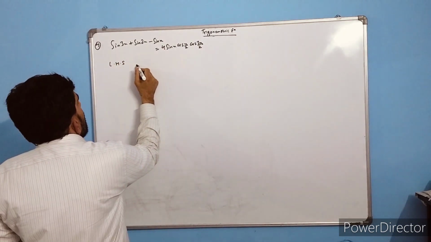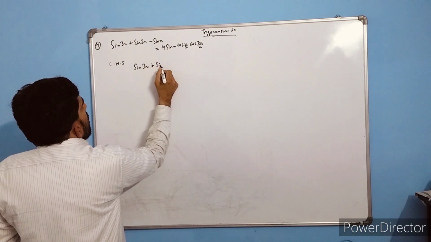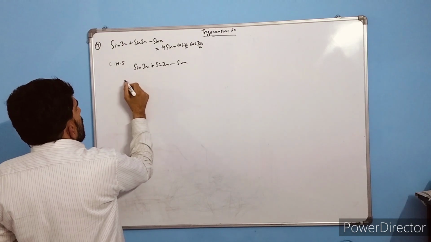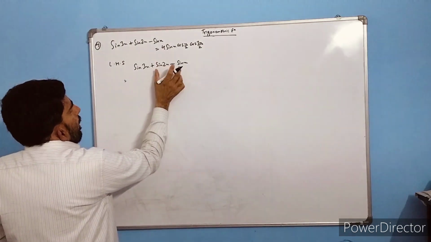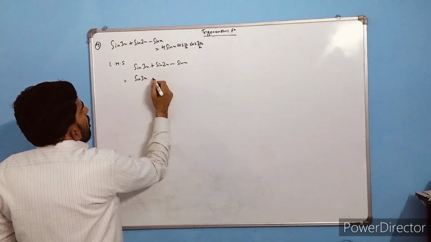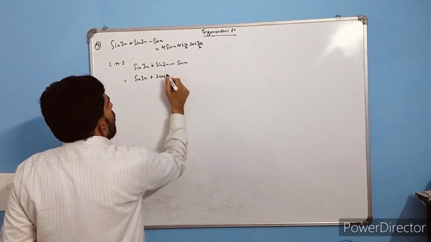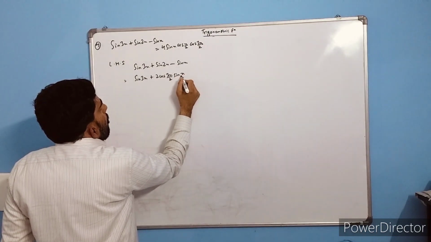So LHS, it is given sin 3x plus sin 2x minus sin x. Now we'll use that identity here, sin x minus sin y. So that is 2 cos (x plus y) by 2, and sin (x minus y) by 2.